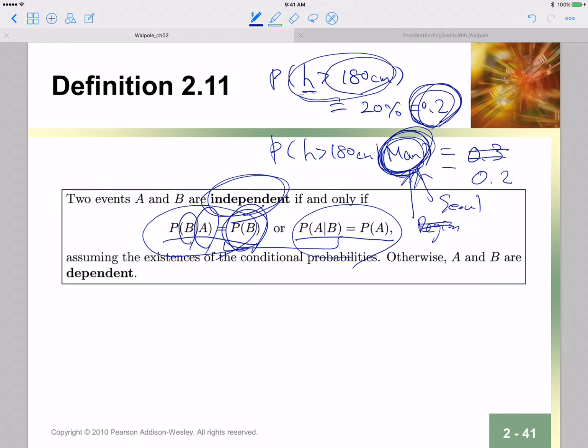So now, instead of additional information about the gender, suppose we additionally obtain the information that this guy is living in Seoul instead of Busan or Gyeonggi or any other area. In that case, that additional information is not expected to change the probability of the height being more than 180, right? So we can think that the region and the height are not related. They do not influence each other, right? So that's the example of independence.